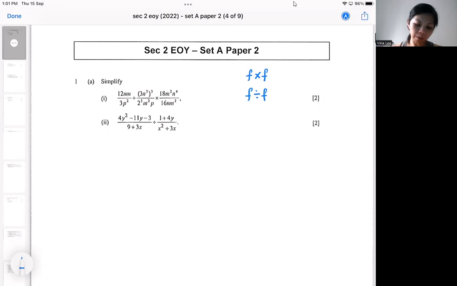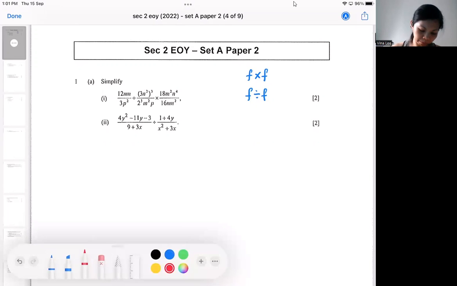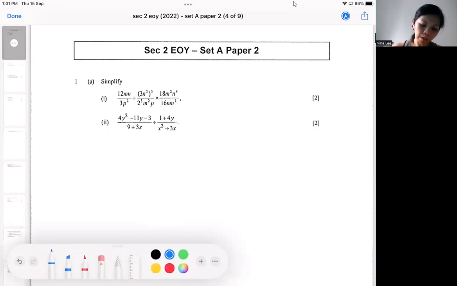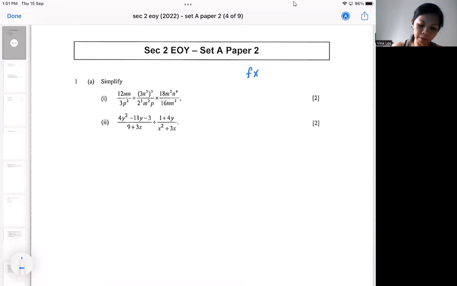Basically, when we do fraction times fraction, maybe we can make it this way. Under the idea of fraction times fraction, for example, two fractions multiply with each other. So it can be top times top, bottom times bottom. That's one of the things.